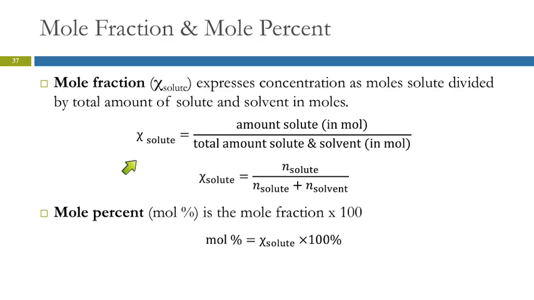The mole fraction is the amount of solute in moles divided by the total moles, solute and solvent. Another way we can write that is: chi solute is moles of solute divided by the sum of moles of solute plus moles of solvent. If we want that as a percentage, the mole percent is just the mole fraction times 100%.